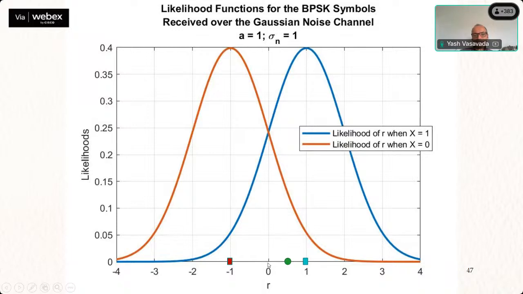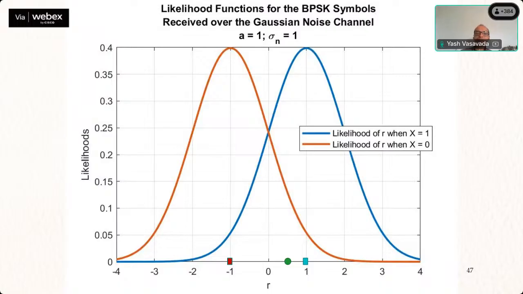On the left-hand side of that point, the distance to the red one, -1, becomes smaller, and so we decide -1 was transmitted. On the right of that boundary, the distance to the blue, +1, becomes smaller, and so we decide +1 was transmitted. So whenever we get some value of r, we measure its distance to the two possible transmitted symbols, and we decide the symbol for which the distance of r is the smallest.